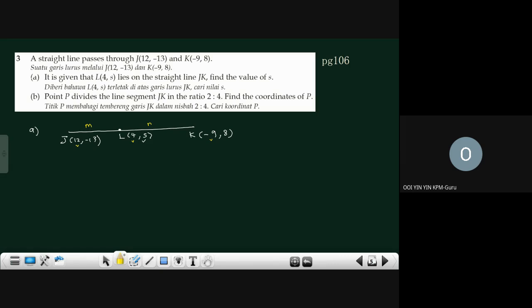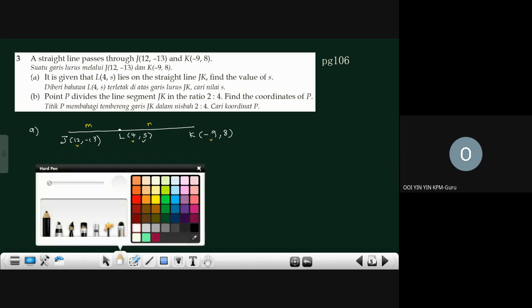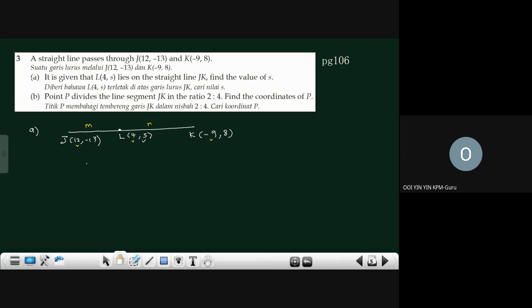Okay, so like the formula where we want to find the coordinate X. If you want to find the coordinates L here, L the X here, 4, right? How to find your 4 here is that you use your ratio n, you multiply with your x1, 12, and then your ratio m, you multiply with x2 here, negative 9.